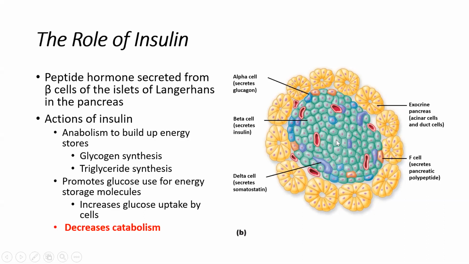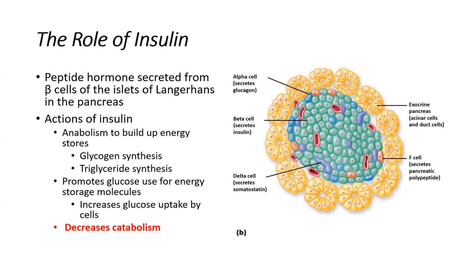And so the action of insulin is to build up energy stores. It is an anabolic hormone. So it's going to help to synthesize glycogen, synthesize triglycerides, basically store that energy away for a later time. That is why it's a hormone of the absorptive or the fed state.